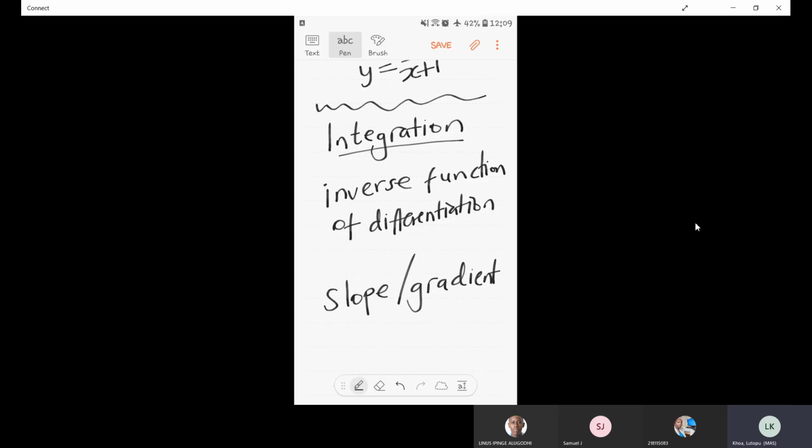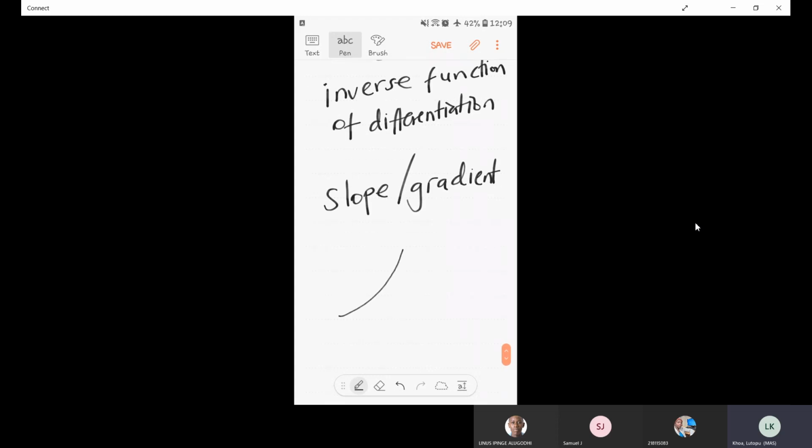And what the slope or gradient tells us, if I have a function, is how the function is changing. How are the values of y changing? So it's delta y over delta x: how is y changing when x is changing? That's what we're looking for with our gradient or the slope.